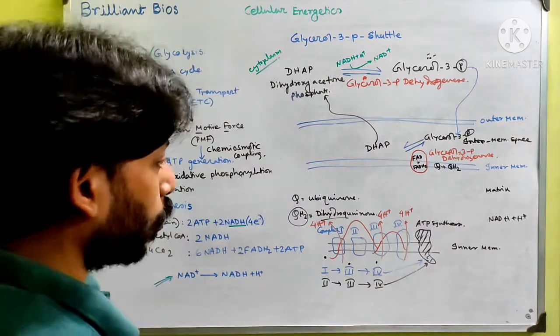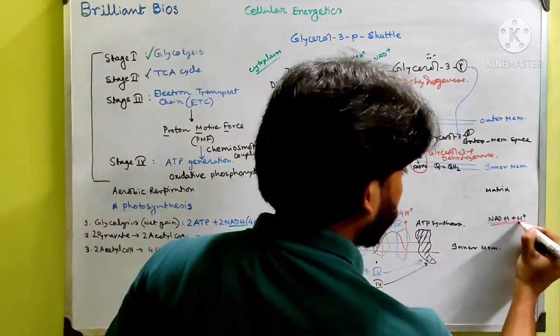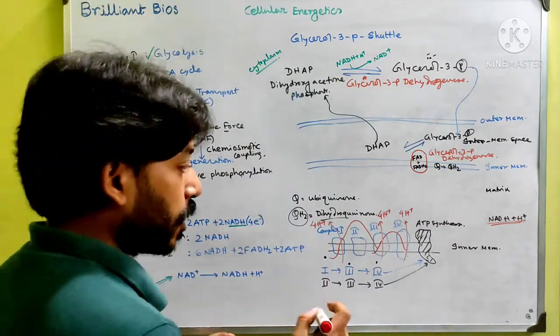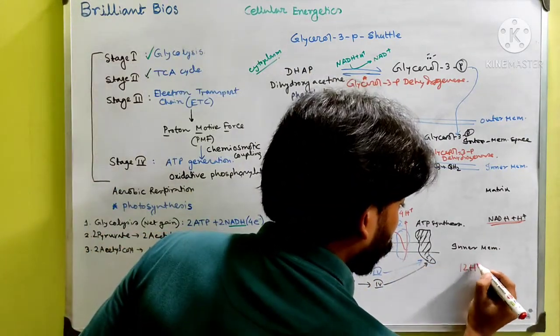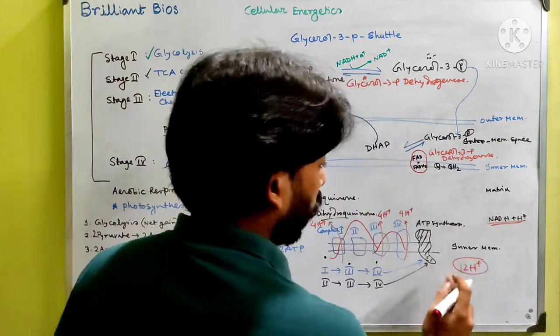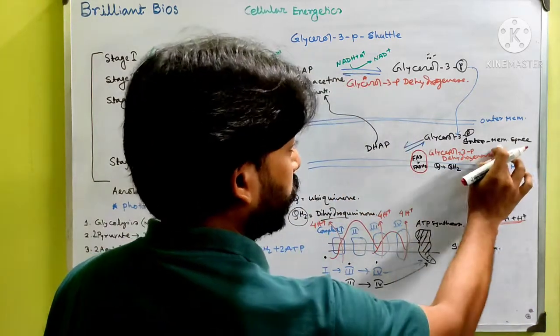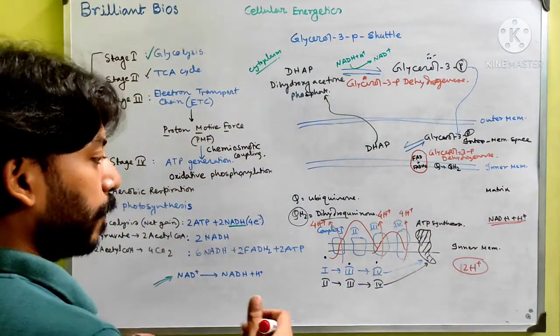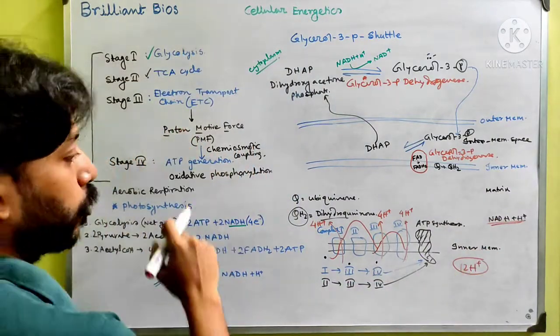So now you can see, when the starting material is NADH, in the case of the malate aspartate shuttle, then 12 protons are transported out of the matrix to the intermembrane space, and that 12 hydrogen participate in the generation of proton motive force.